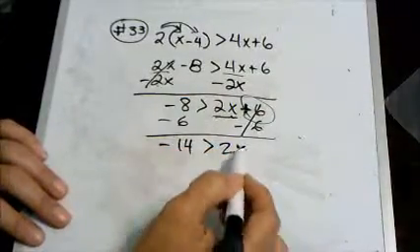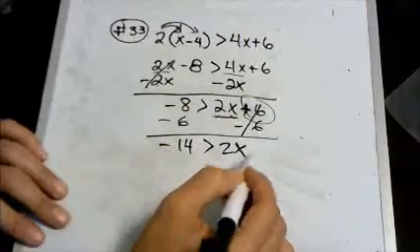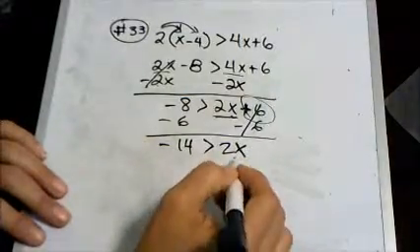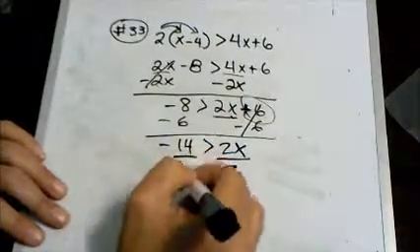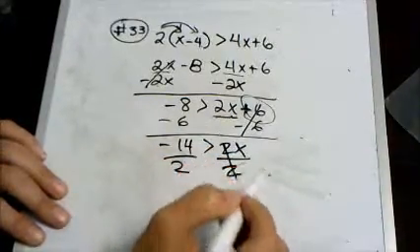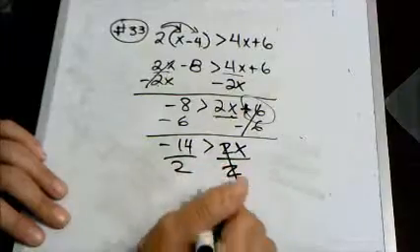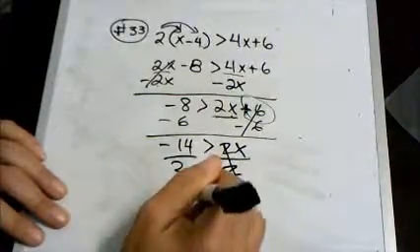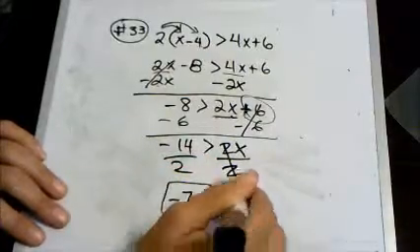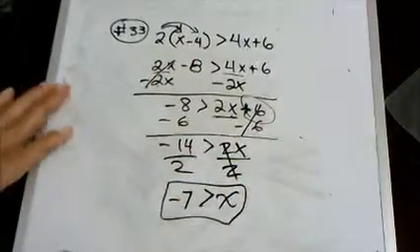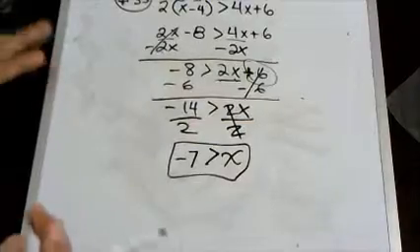Now you see this x still has that 2 next to it. Need to get rid of it, and how do we do that? Divide by 2. That cancels out. Negative 14 divided by 2, negative 7. There's your answer. I think we got it.